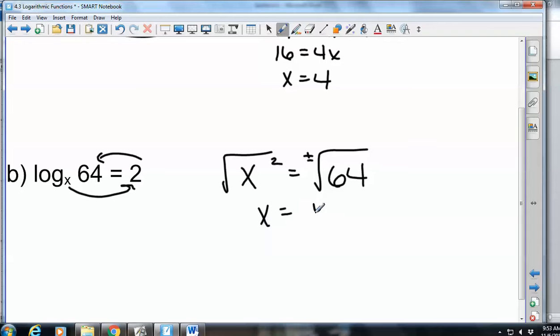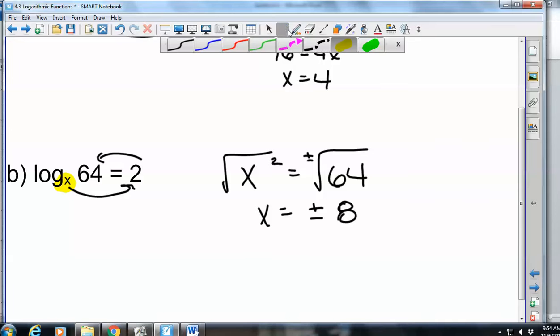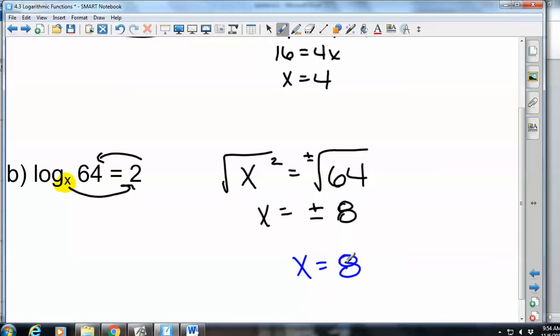So I get x to equal positive and negative 8. Is that alright? Any problems with that answer? Look at what x is. X is the base. Can you have a negative base? No. So we got negative 8 for an answer, but we check it, and what that tells us is x equals 8 is our final answer.